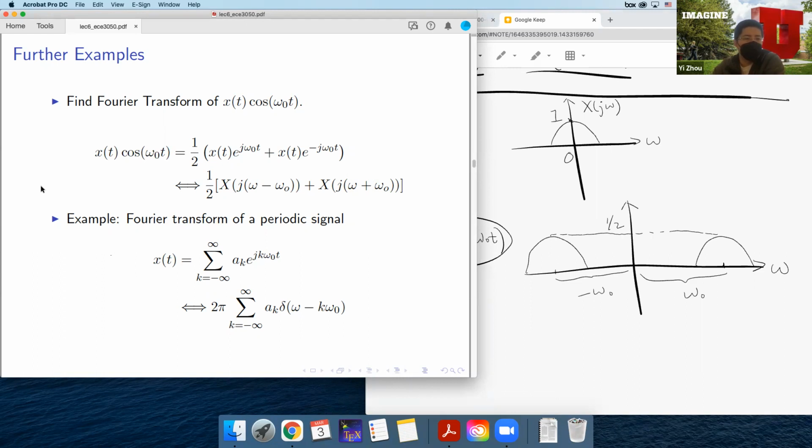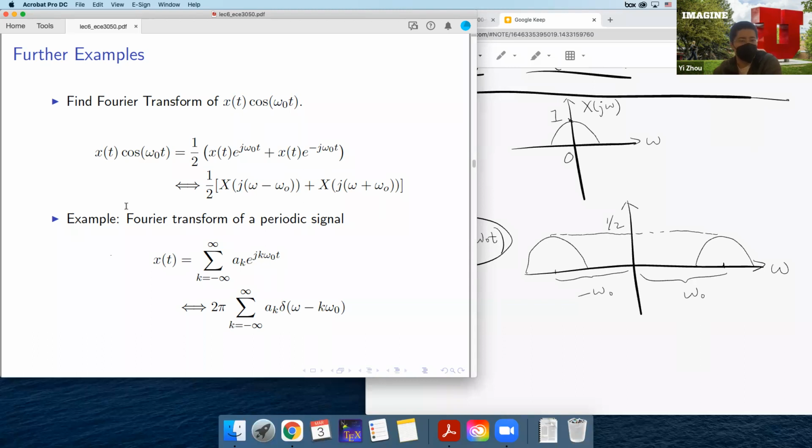And then we can actually apply Fourier transform to a periodic signal. Right? So remember that for periodic signals, we can do Fourier series. And to handle aperiodic signals, we introduce the Fourier transform.